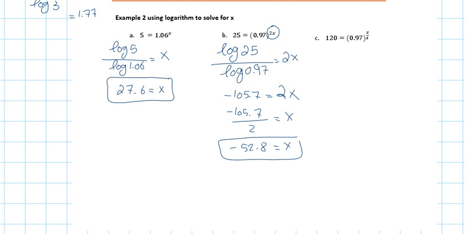How about for C? So, log of 120 divided by log of 0.97. Negative 157.18.